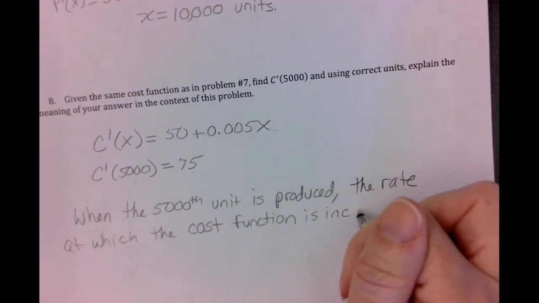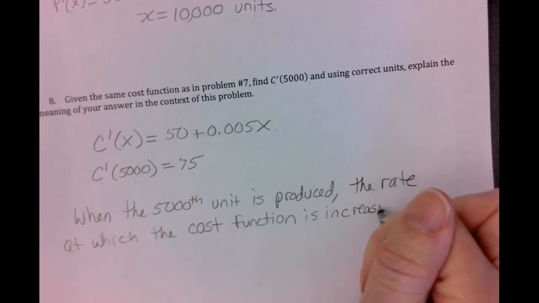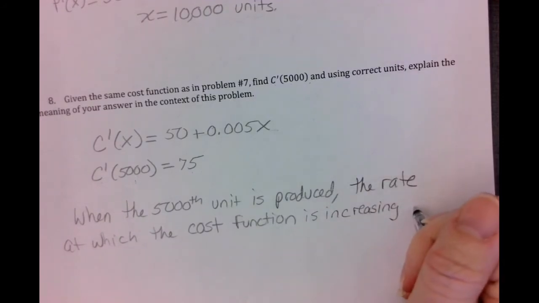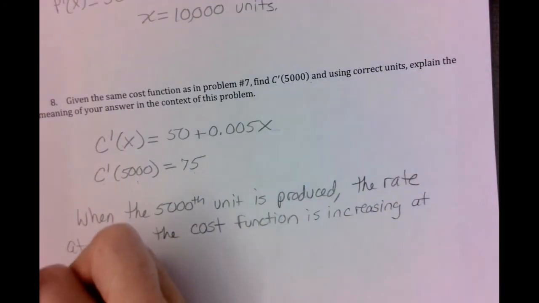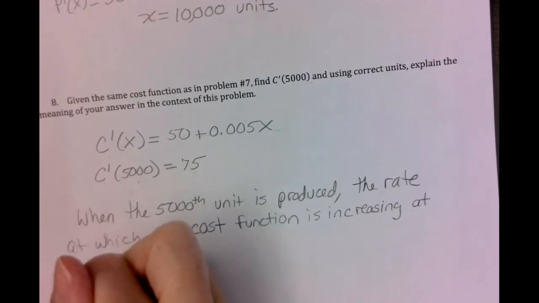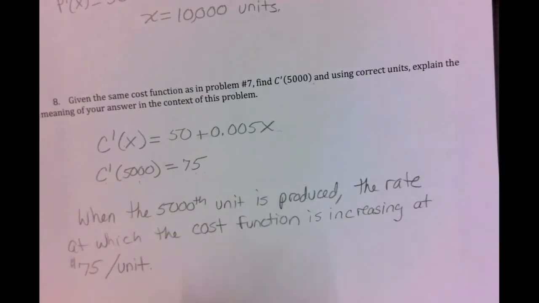And it's at $75 per unit. Because it's a derivative, it's a rate. So it's something per something.